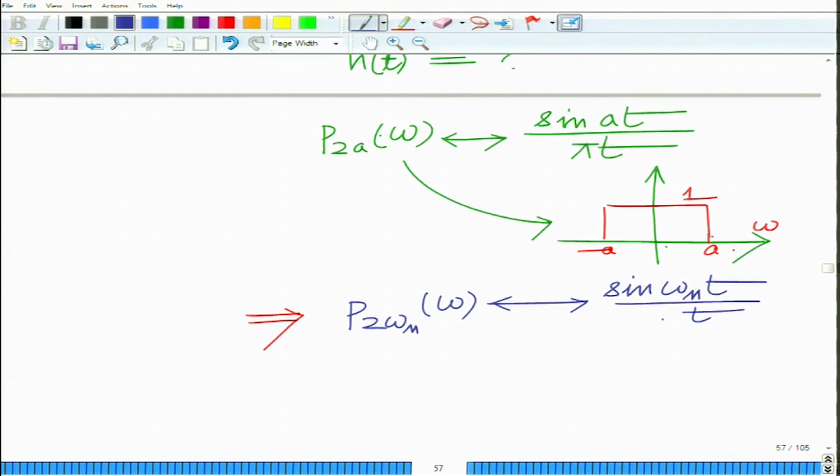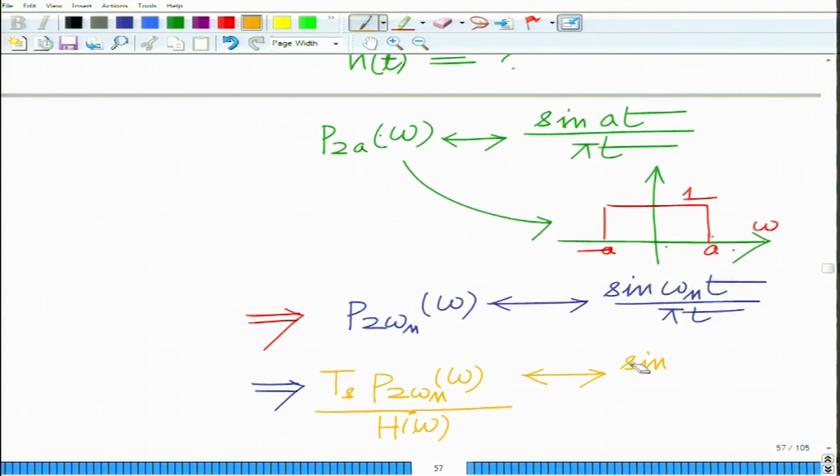Now, if you multiply this by Ts, which is nothing but a scaling factor, Ts into P of 2 omega m of omega, that is basically your H of omega, has the impulse response Ts sin omega m t divided by pi t.